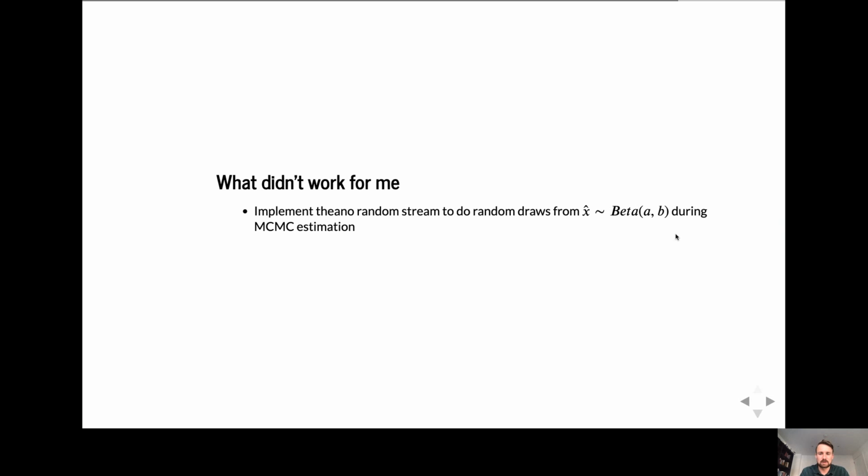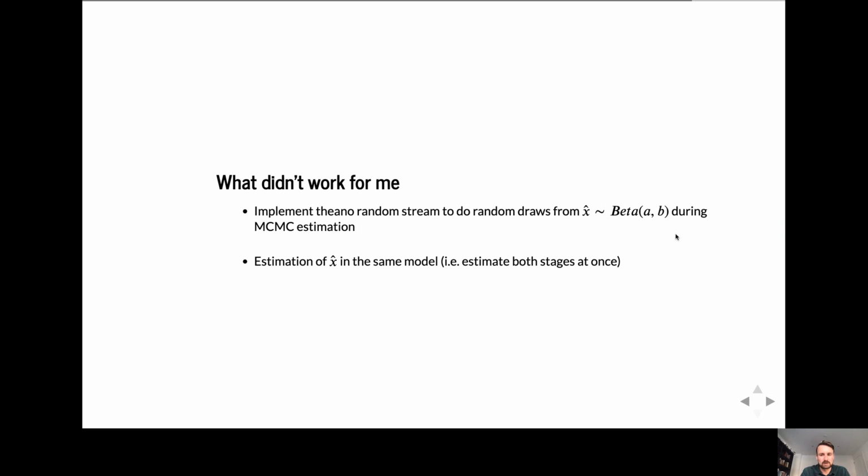There are a few things I tried that didn't work for me. One of the things I was thinking about, because we know this conjugate prior distribution of x hat, is to use a Theano random stream to do this random sampling inside our MC estimation. Unfortunately, this didn't work for me because I had quite some trouble with the chain breaking down when I tried to implement it in this way.